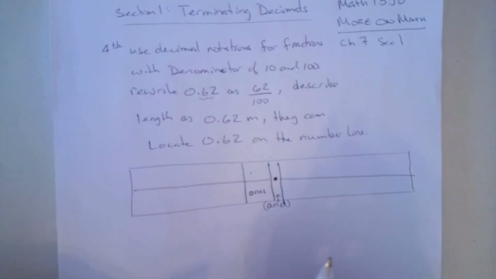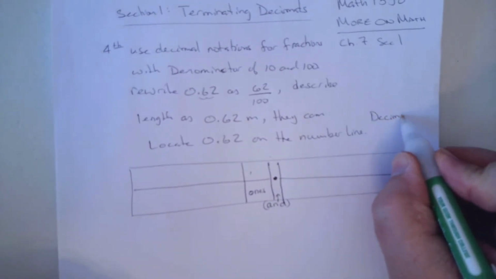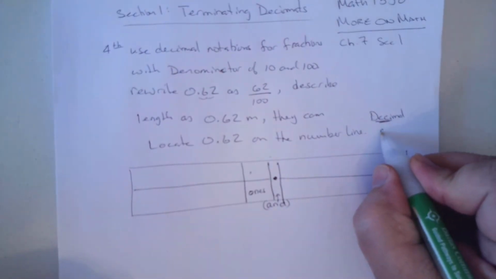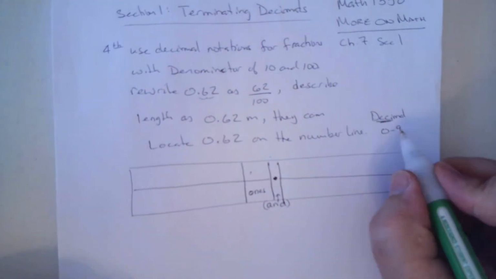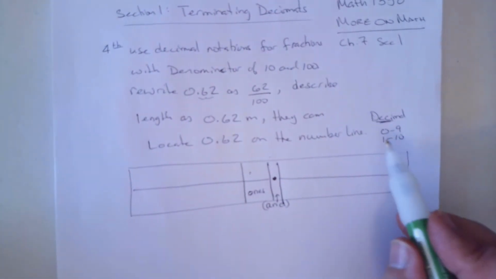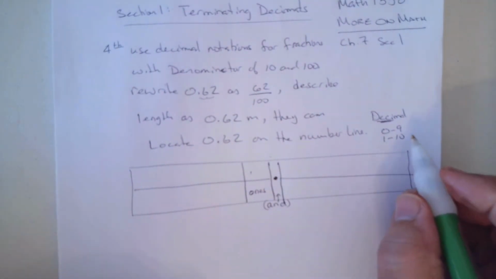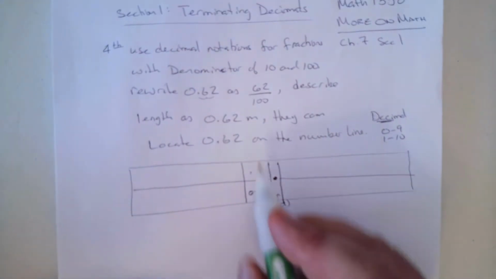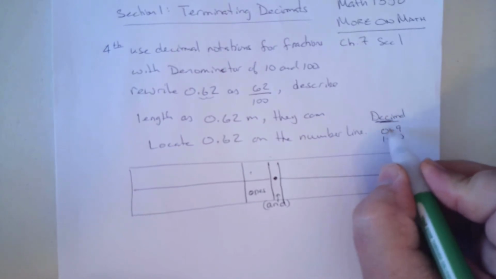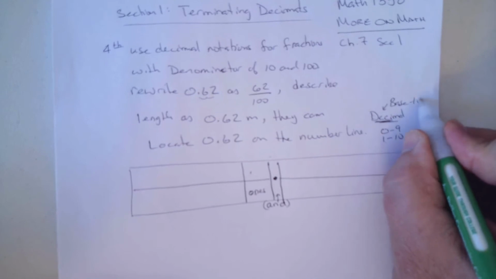Remember, our system is called the decimal system. Deci means 10. So we go from 0 to 9. Or 1 to 10. Those are our digits go from 0 to 9, but we'll go from 1 to 10 spaces, locations. So the first one, we start with ones. Because it's decimals, that means it's base 10.